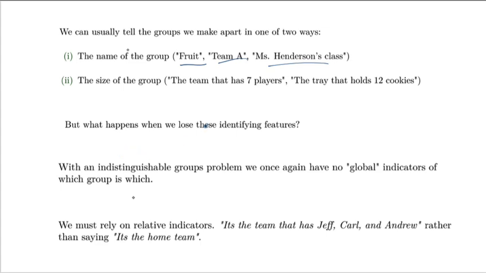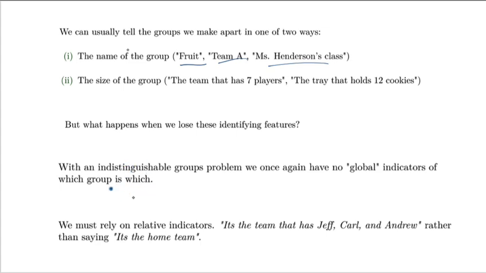notation, as we saw. But a phenomenon happens when we can't identify these features, right? So you can't identify the groups as team A, team B, and so on and so forth. And you must rely on a relative meaning of groups.